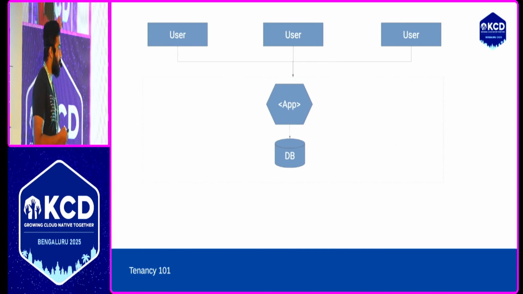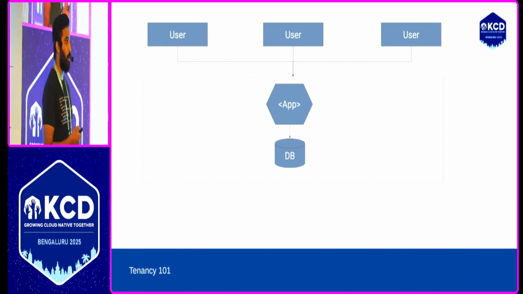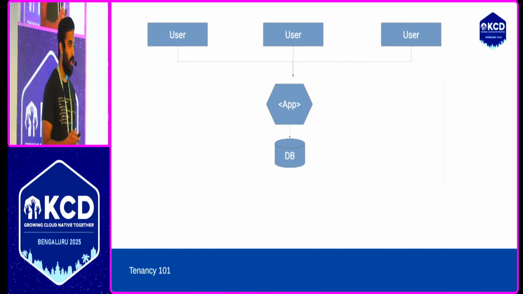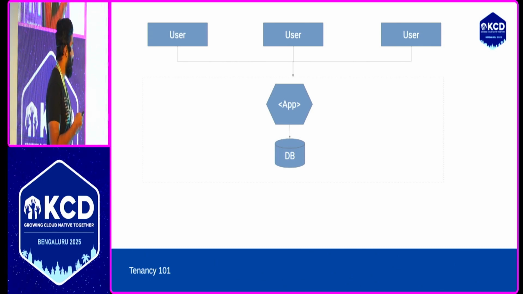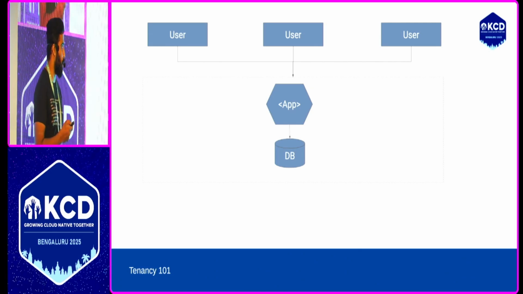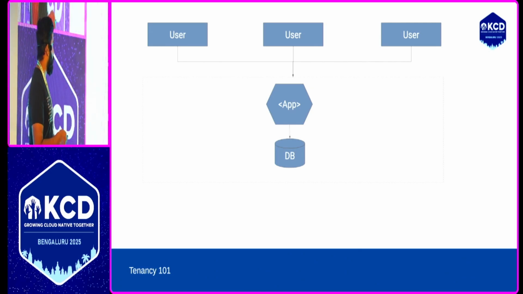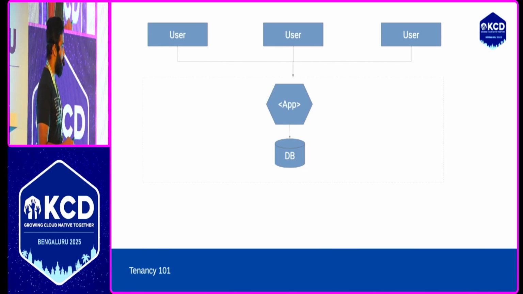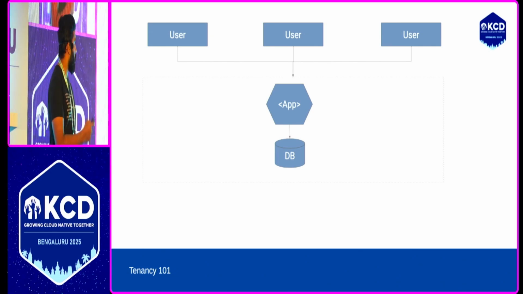When contrasting this with the multi-tenant implementation, the application serves more than one tenant. So here, the application is responsible for serving traffic or data for more than one tenant. The application in the picture is a simple application for the reference of this talk.